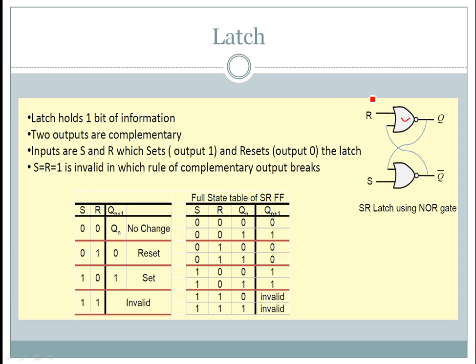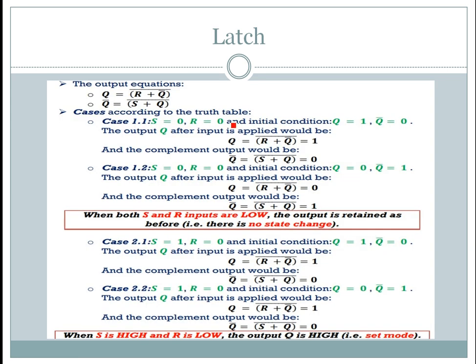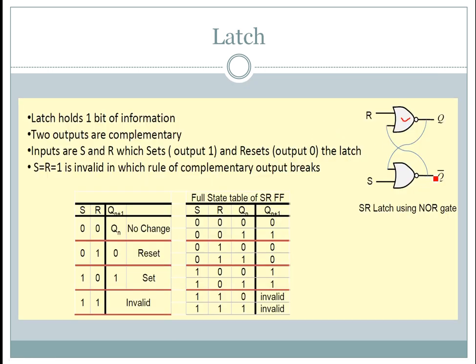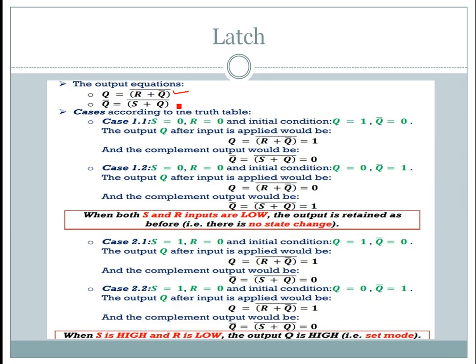It is the complement of the OR gate. So now Q equals (R plus Q bar) whole bar, and for Q bar, it is (S plus Q) whole bar.